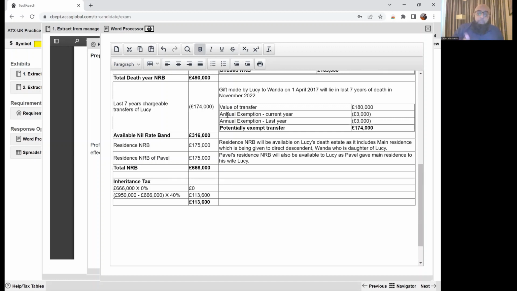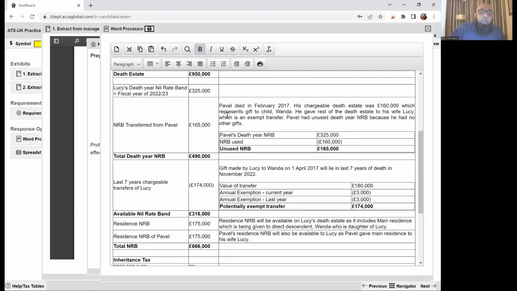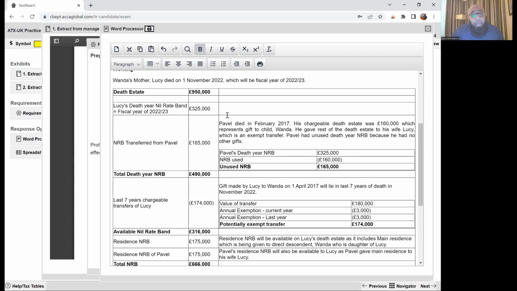So we have to calculate the post-tax inheritance. We picked up the value of inheritance. We picked up the normal NRB. Since the question contained detail about the spouse's death, we thought about the transfer of NRB issue, that if there is any transfer of nil rate band involved in the question. Okay, then last 7-year chargeable transfer, we looked at the potentially exempt transfer, the PET values.